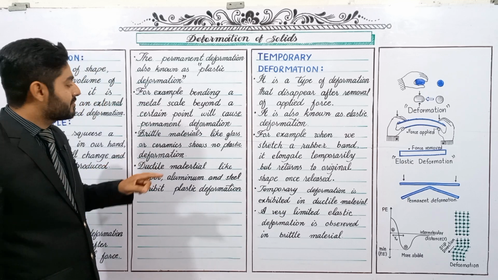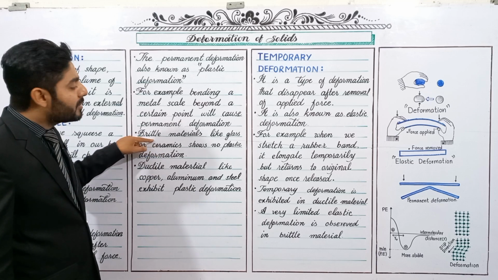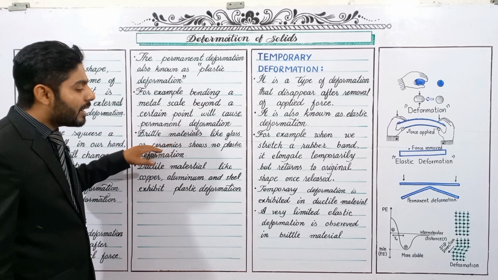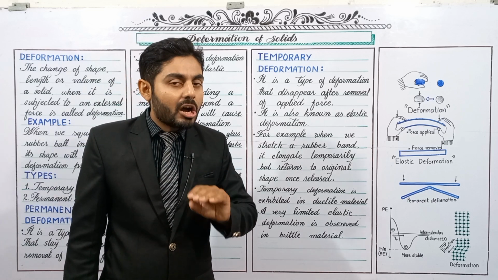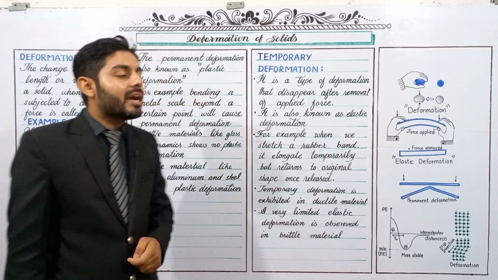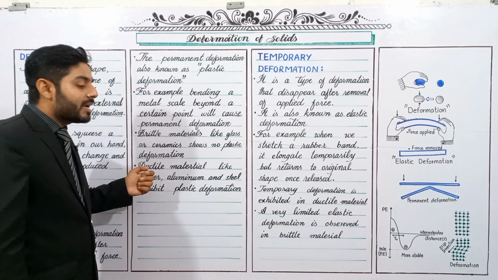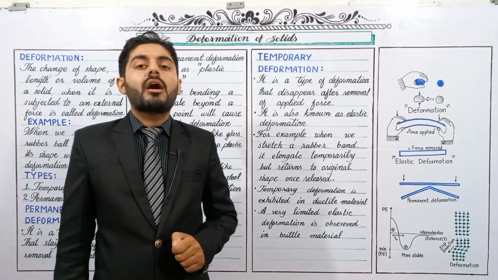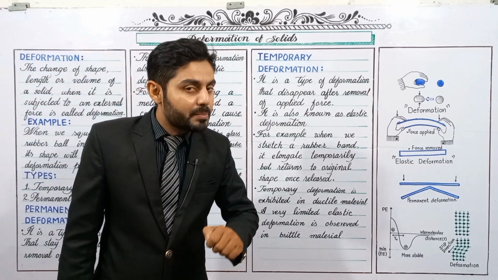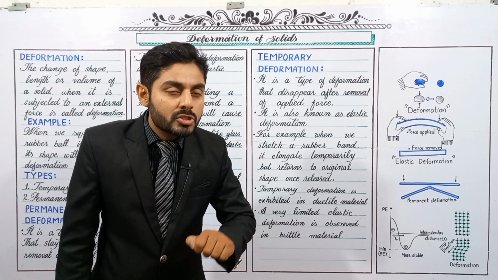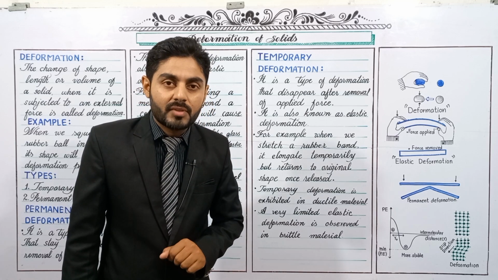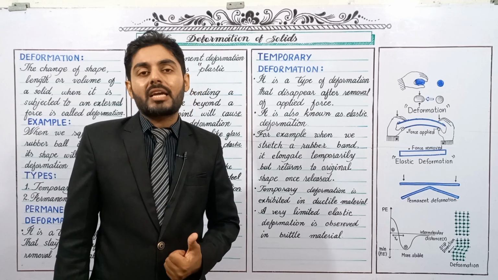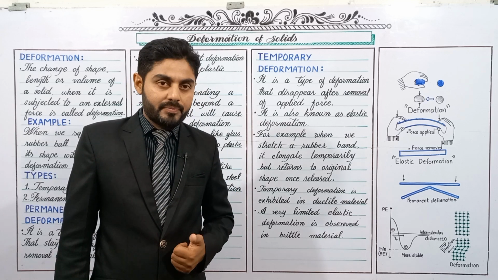So remember that brittle material like glass or ceramics cannot exhibit the phenomenon of plastic deformation or permanent deformation. On the other hand, the ductile material can show plastic deformation because by applying the force, you can change the shape permanently. Permanent changes can be produced in this kind of material. So that is the reason.